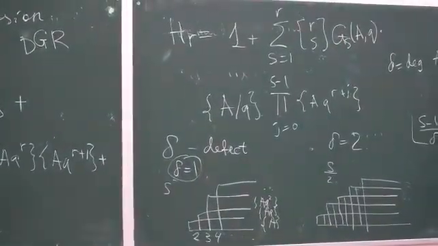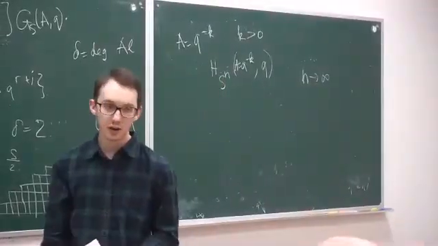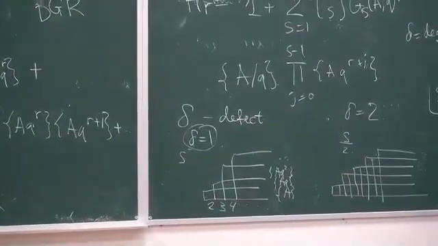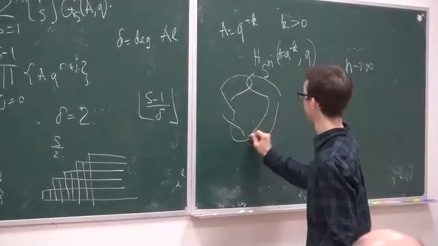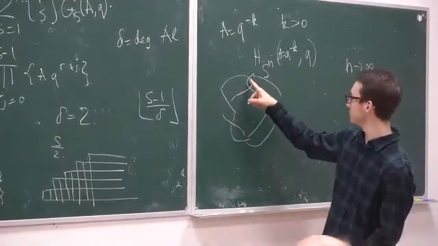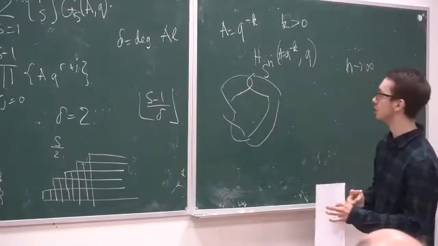And what other simple examples? For example, any twist knot. This is the knot which looks like this. Very much like a torus knot, but we have this braiding instead of closure.